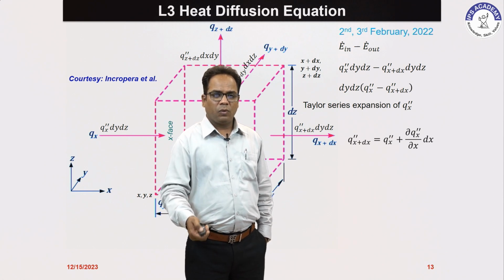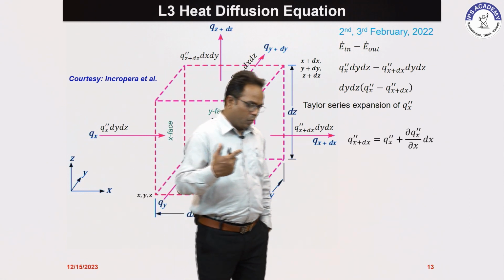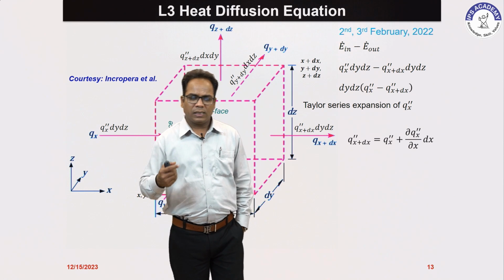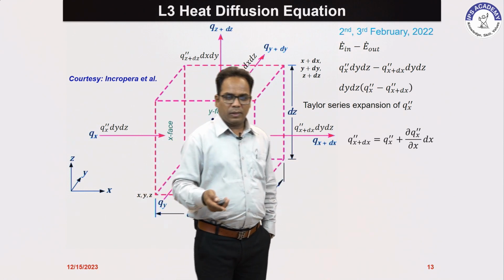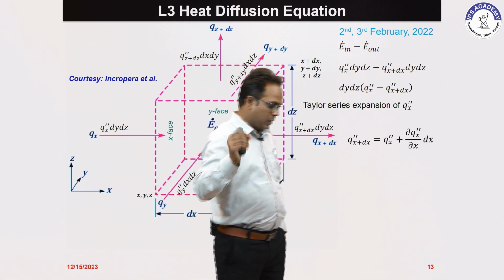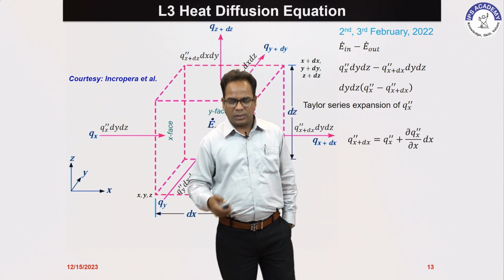So q double prime x plus dx is equal to q x double prime plus delta q x upon delta x times delta x, plus delta square q x upon delta x square times dx square, and so on. In this way we have the Taylor series expansion.